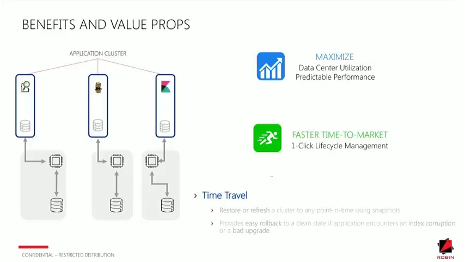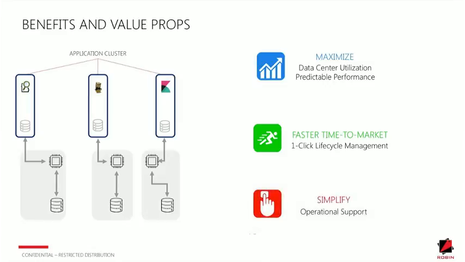Agile provisioning helps you get faster time to market, with one-click lifecycle management, and it removes the barrier to creating your data pipeline. It doesn't take days or weeks to set up your pipeline. It's just a click of a button away. And we simplify operational support.